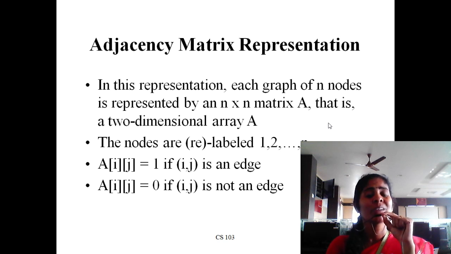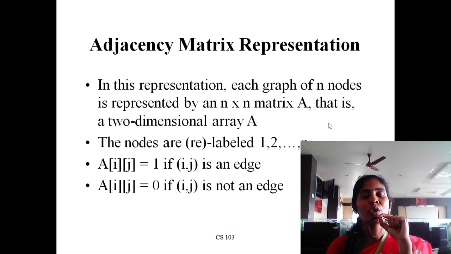What is the next condition? We have to know how many rows and columns we are going to represent using the matrix. To identify that, we have to identify the number of nodes available in the graph.